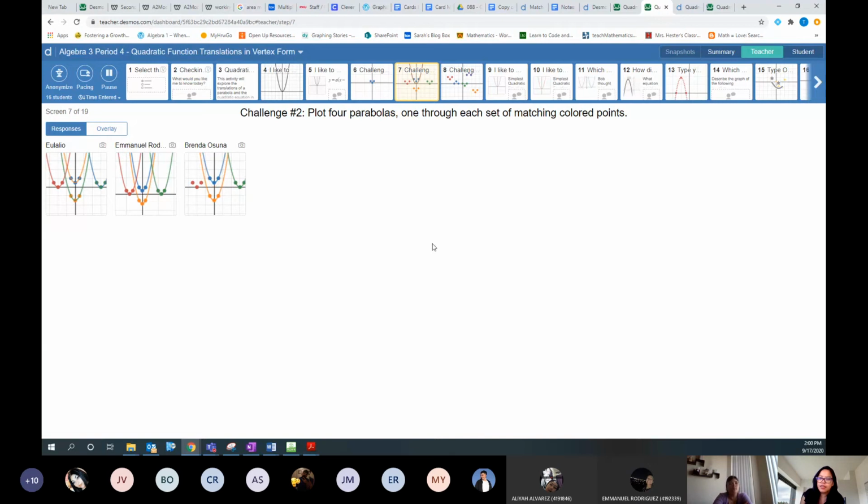And I think the one that's going to be a struggle at first would be the H because it does the opposite. Remember that the equation is minus H. So if you put minus a number, you're expecting that it's going to the left, but it's the opposite.